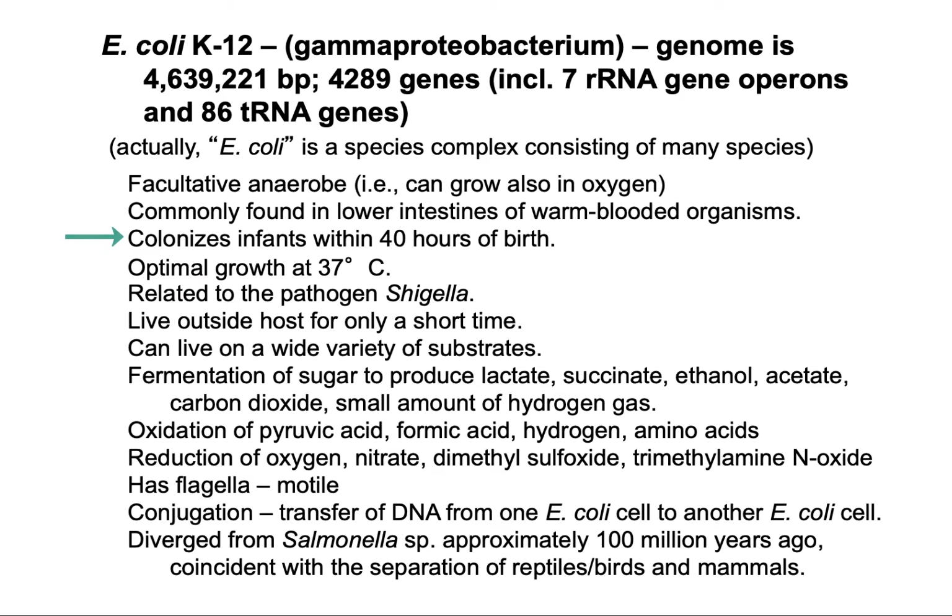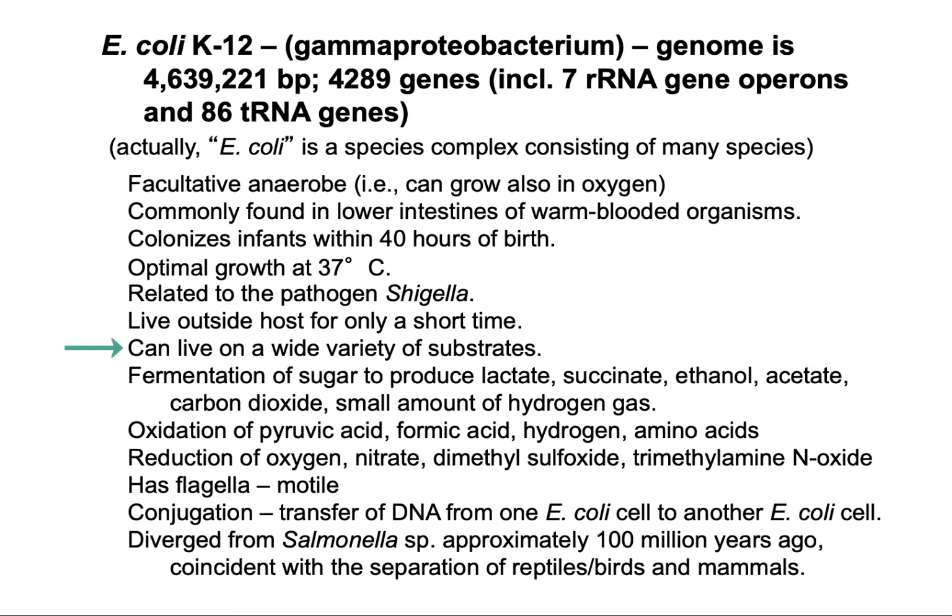And that's one reason why the birth canal is so close to the anus, in that the infants are colonized very early, not only from birth, but also from drinking breast milk. Optimal growth is 37 degrees centigrade. As I've already said, it's related to Shigella, and it lives outside of the host for a relatively short time, but it can actually live there for hours to days, depending on where it is.